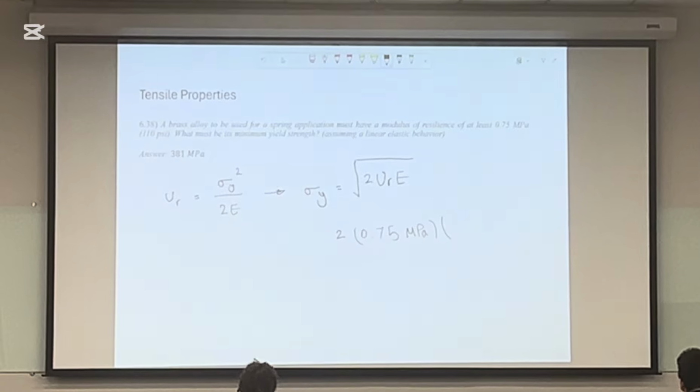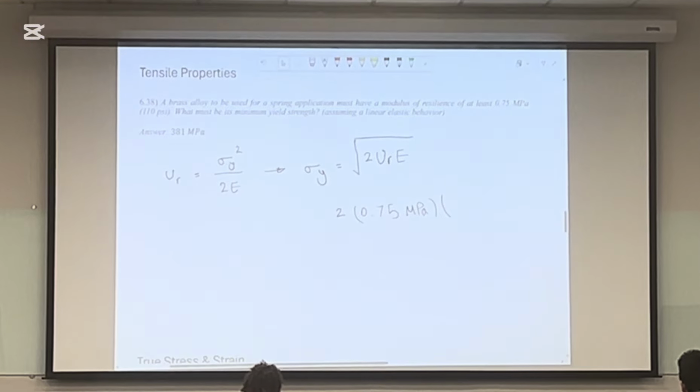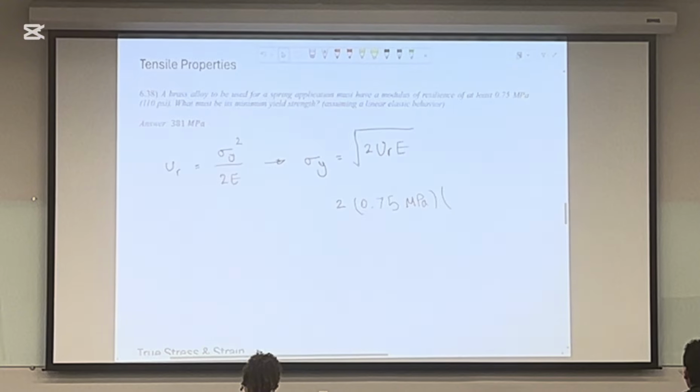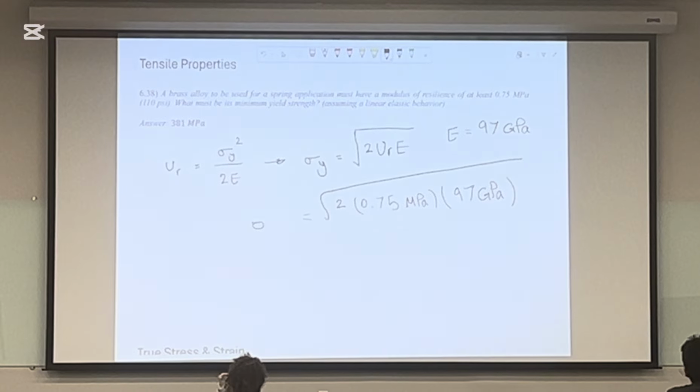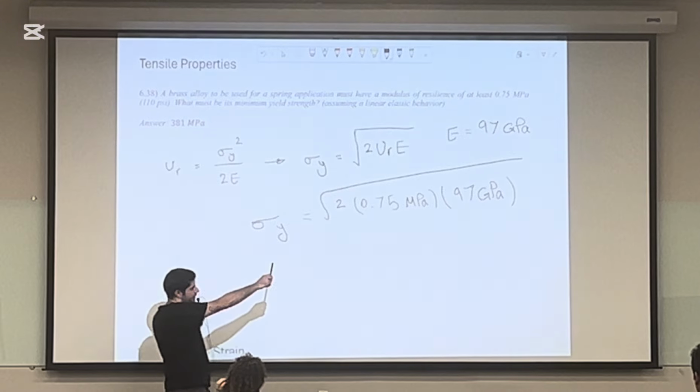And the Young's modulus in this question is 97, so just be careful, because one of them is megapascal and the other one is gigapascal.